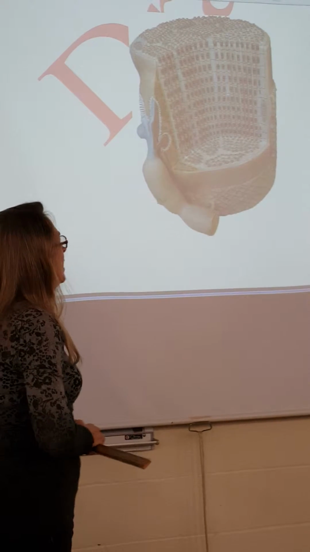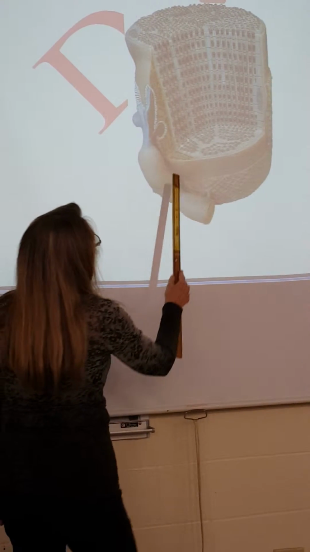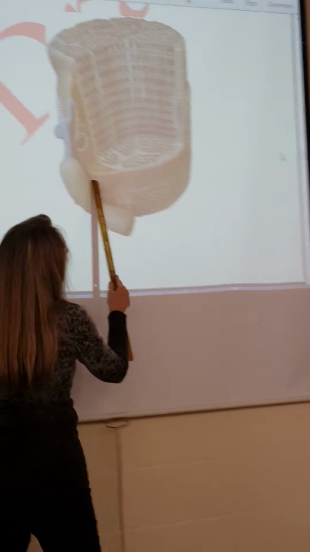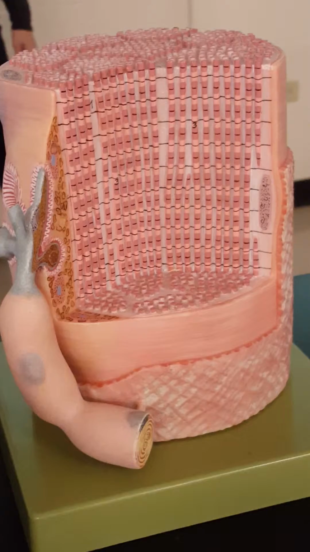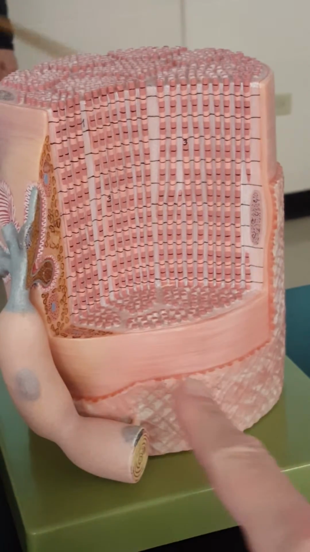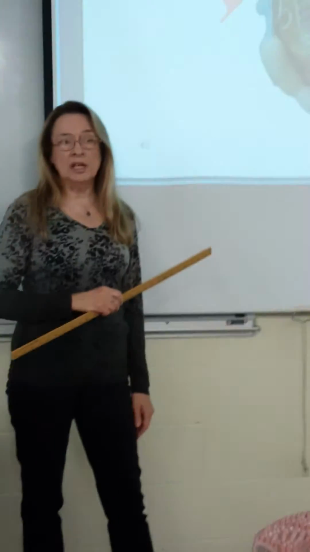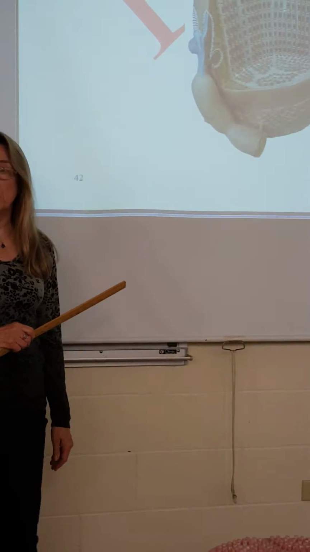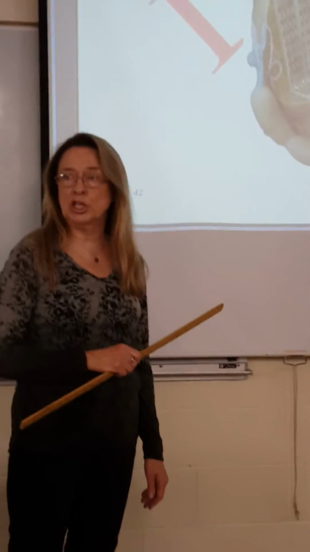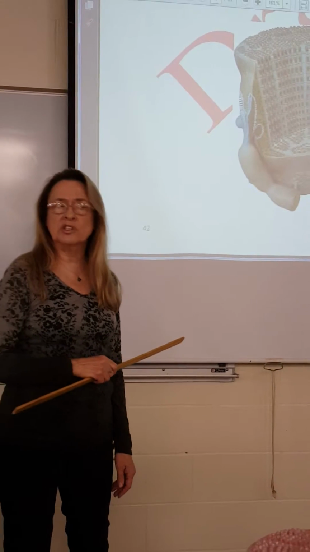All right? Insulation. Okay. Now this right here represents the plasma membrane of this cell, but we have a special name for it. What's it called? Sarcoplasmic. Sarcolemma. Sarcolemma is the same thing as the plasma membrane. It has its own particular name, sarcolemma. What does sarco mean?